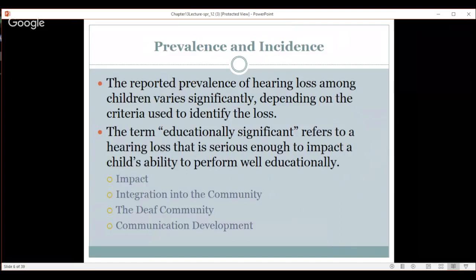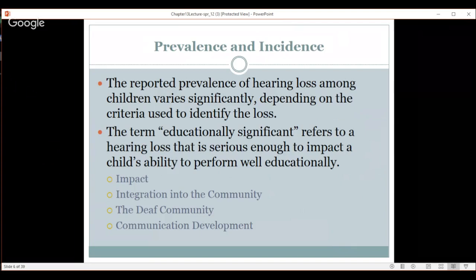The reported prevalence of hearing loss among children varies significantly depending on the criteria used to identify the loss. Educationally significant refers to a hearing loss that is serious enough to impact a child's ability to perform well educationally. Integration into the community, the hearing community, that is, will be looked at.